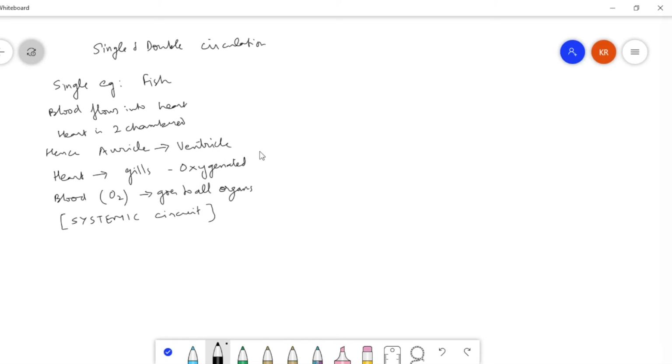And you can say that here in this case this is the branchial circuit. And from here now, when it goes to all the different organs, blood gives up oxygen.